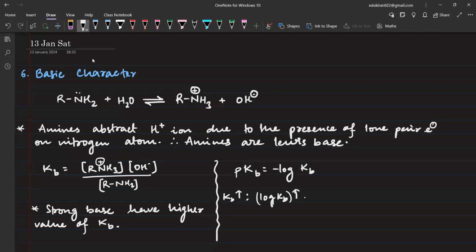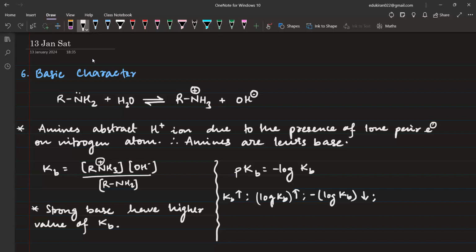But if log Kb is higher, the minus log of Kb will be lower. Because if you are adding a minus sign here, तो सारा वैल्यू कम हो जाएगा, है ना? फॉर एग्जाम्पल 7 और 8 में कौन बड़ा है? तो 8 बड़ा है. बट -7 और -8 में कौन बड़ा है? -7 is greater than -8, है ना? So in that sense, minus log Kb will be lower.